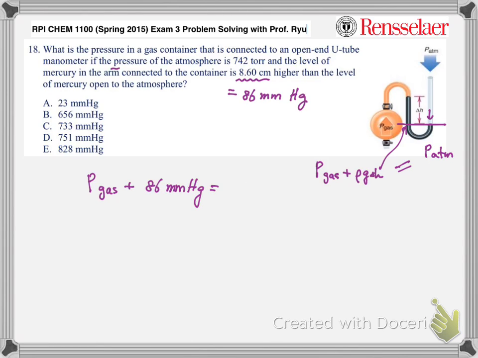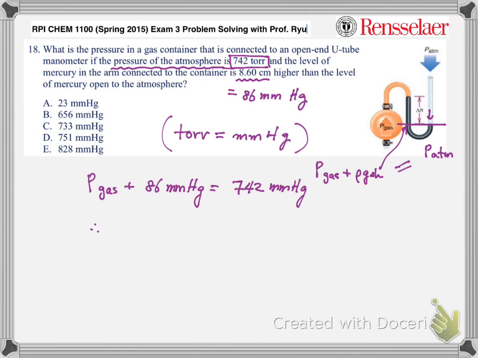And the pressure of atmosphere is not 760. In this particular problem was 742, and the torr, and if you look in your reference sheet, this is already said there, torr is same as a millimeter Hg. So it's just the question is, do you know this unit conversion from torr to millimeter Hg? They're the same one.